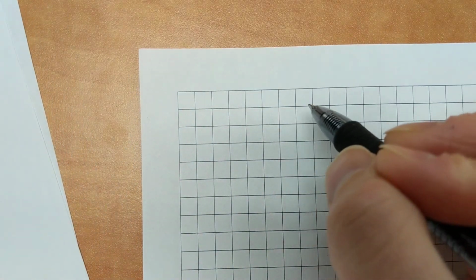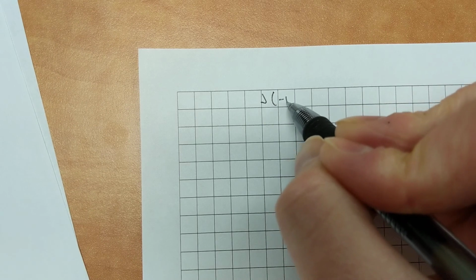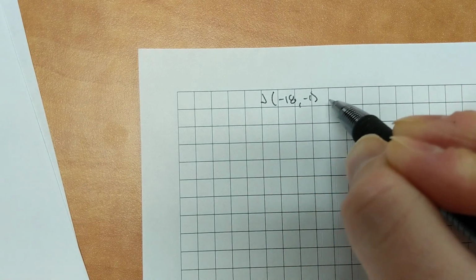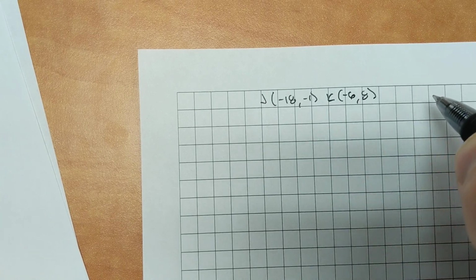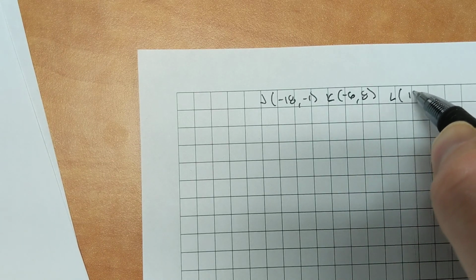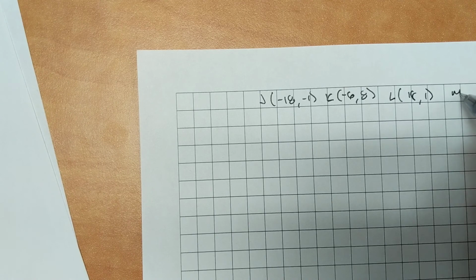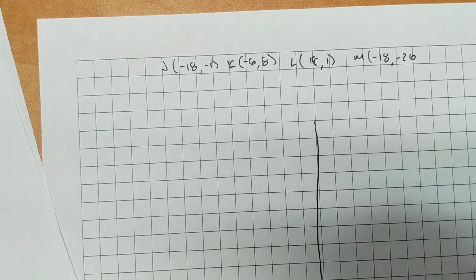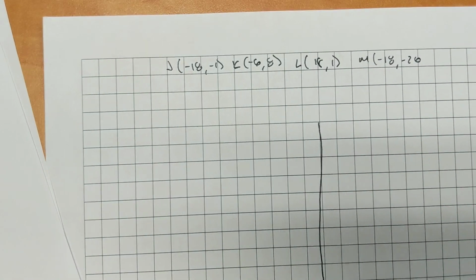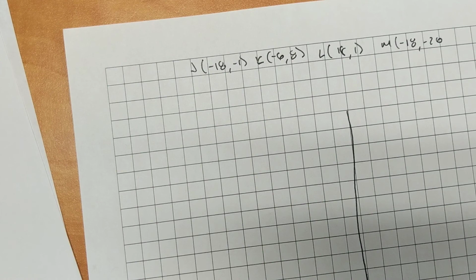Okay, so J is at -18, -1. K is at -6, 8. L is at 18, 1. And M is at -18, -26. So let's just make a lot of graph paper here.